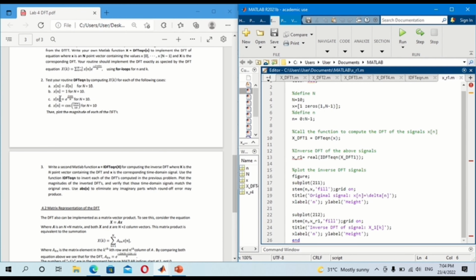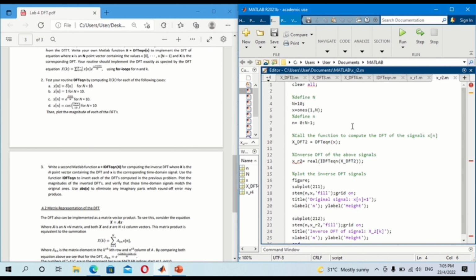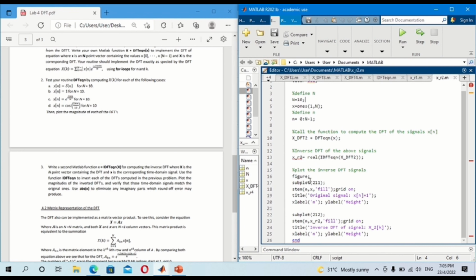For case B, we can run the same MATLAB code as case A, but we need to change the s[n] value to x equals ones(1, N), and we also need to define our n and big N, and call the function for the DFT for case B. We can also find the inverse DFT of the above signal for case B. Then we plot the original and the inverse graph using the same code.